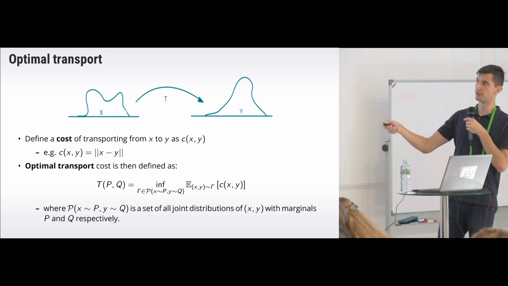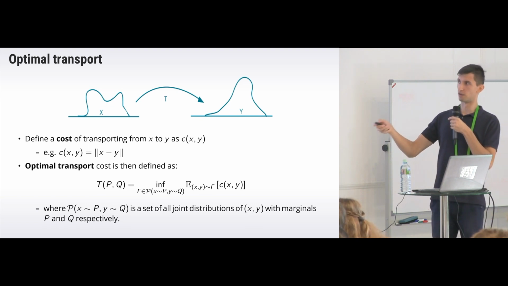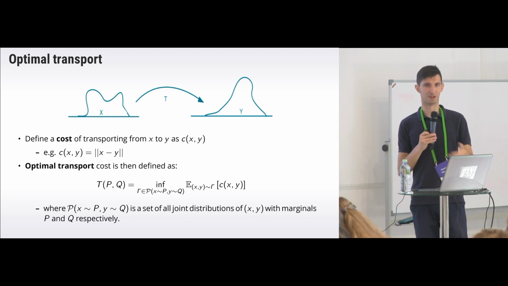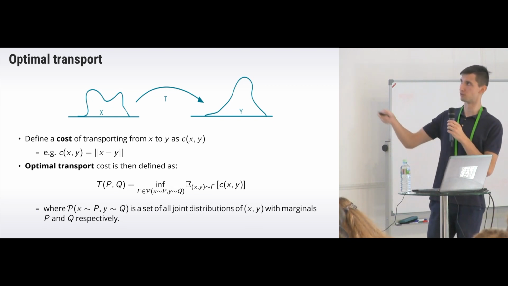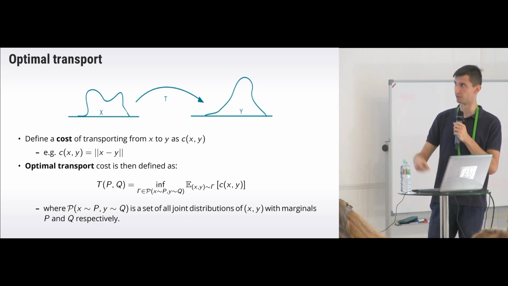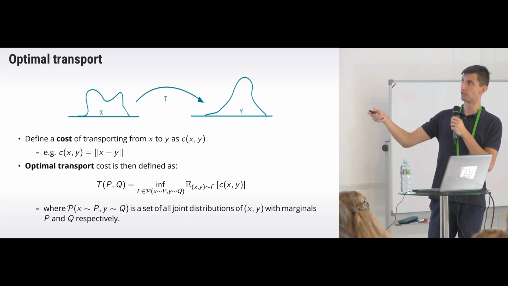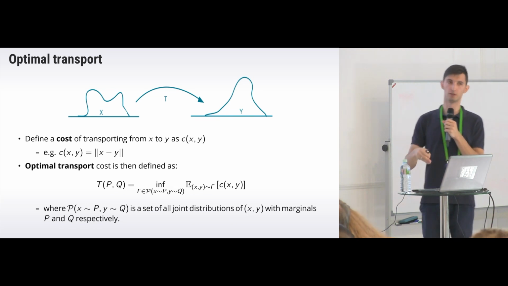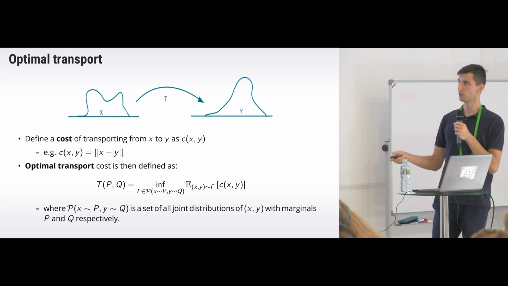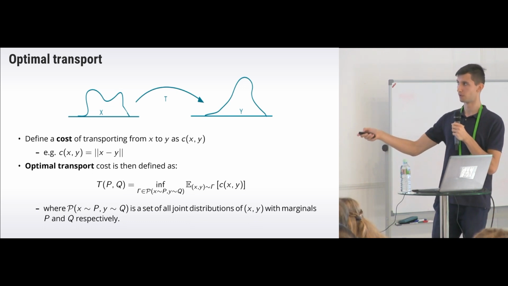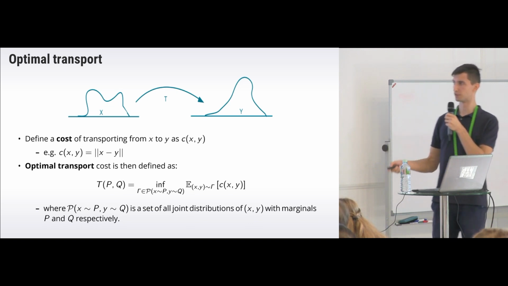So basically, you define a cost function that expresses the energy that you spend on moving a pile to another place. You say, okay, I want to transform the pile into this shape, but I want to spend as little energy as possible. Formally, it can be expressed as this kind of thing. It looks really scary, actually.